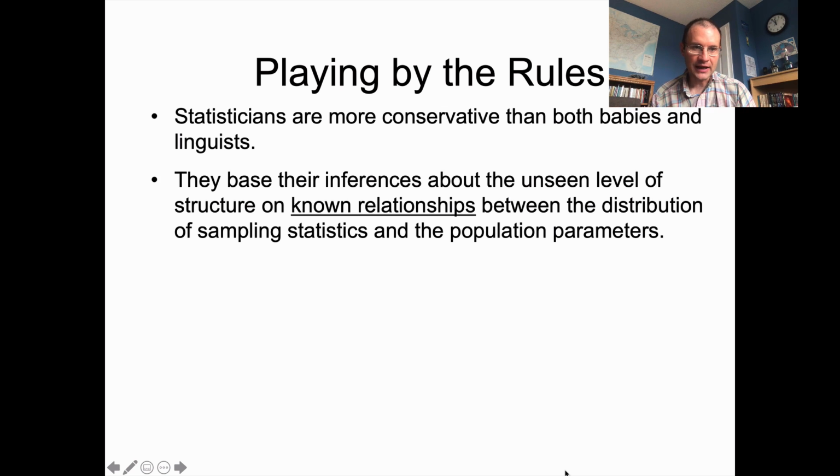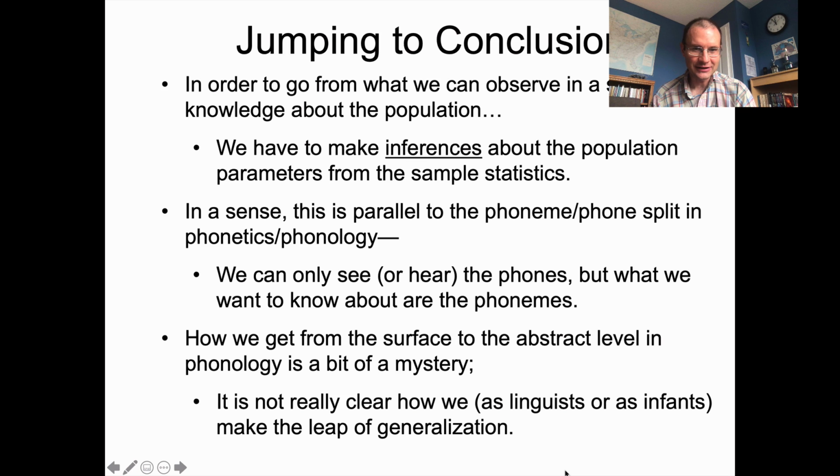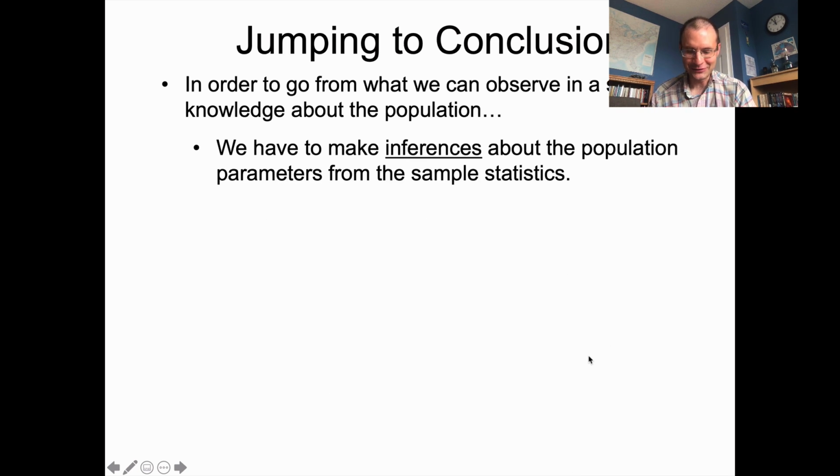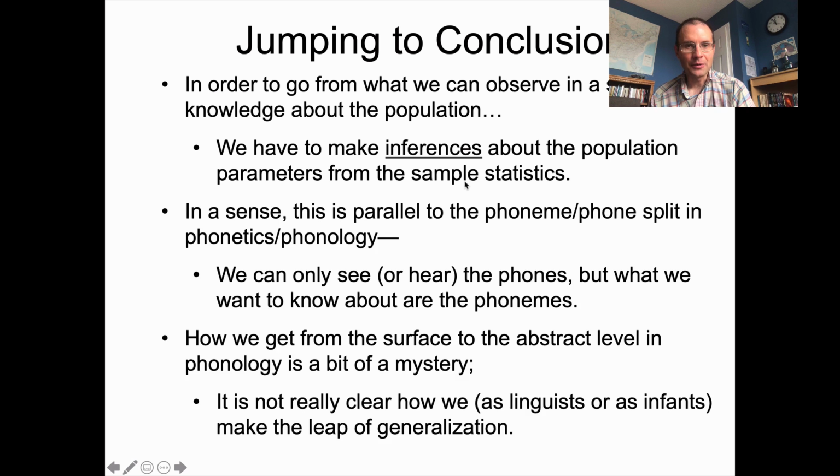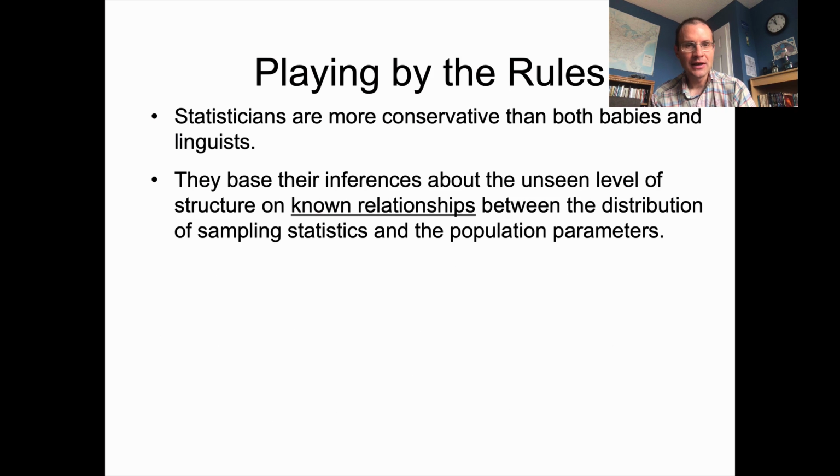To review this, because it can easily get confusing, we're going to make inferences. We'll skip all this linguistic stuff for the moment. We're going to make inferences about the population from the sample. And the way we do that is we base those inferences on what we know about the connection between the distribution of sampling statistics and the population parameters.